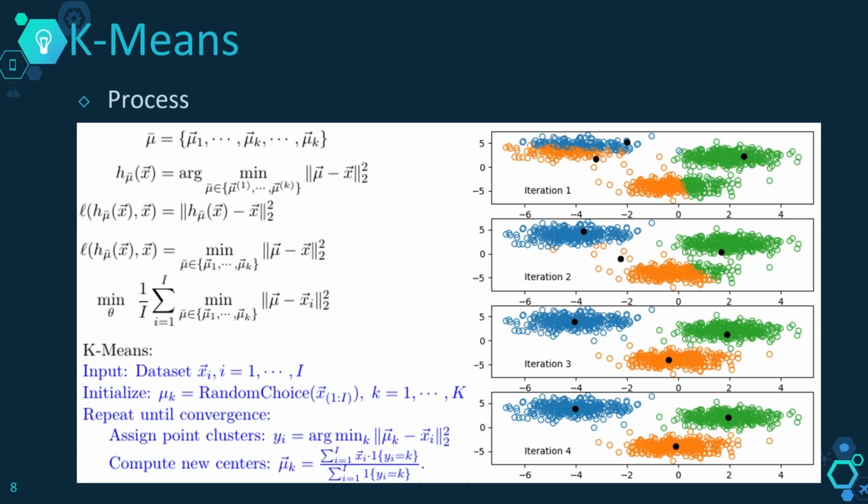What we need for k-means is a K, that's the number of clusters that we want to get. In order to implement it, the first thing we need to do is determine how many clusters we eventually want. In many other clustering algorithms, you don't need to specify how many clusters you want.